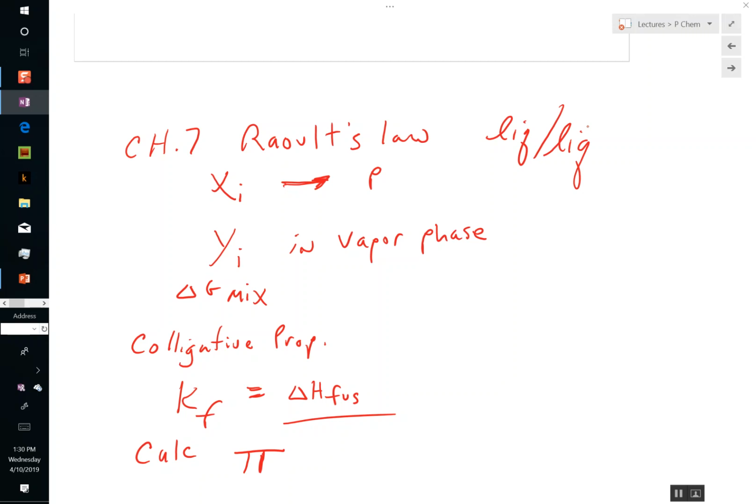You mix two liquids together, what's the mole fraction of each liquid, and what's the resultant vapor pressure of those liquids, and the mole fraction of those vapors in the vapor phase, etc. So that's not comprehensive, but it's just a reminder of some of the things we got into. And then Chapter 8 is a little bit more recent, hopefully a little fresher.